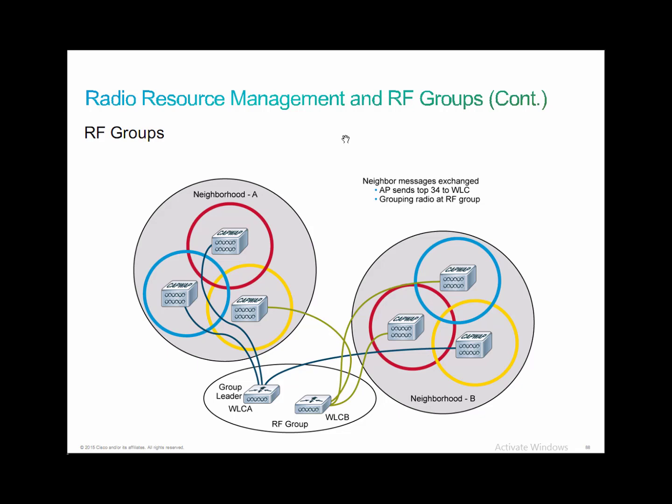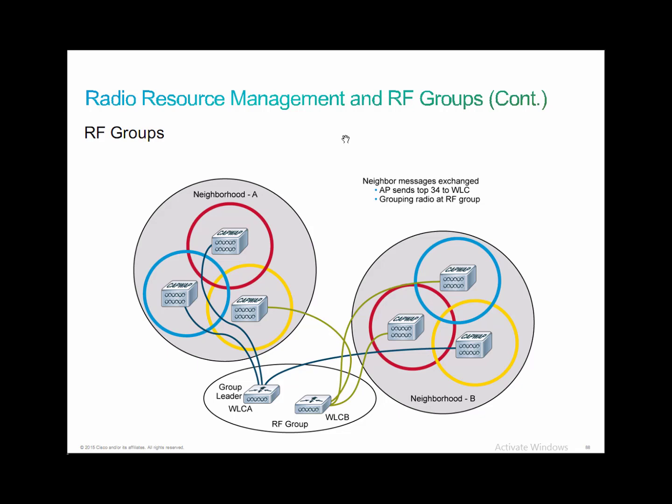All right. The RF group leader can be configured to manage the APs in a couple of different ways. We already kind of talked about this in this slide here, but auto mode or static mode. In auto mode, the members of the RF group elect the RF group leader, and that device becomes the master power and channel scheme provider for the group.